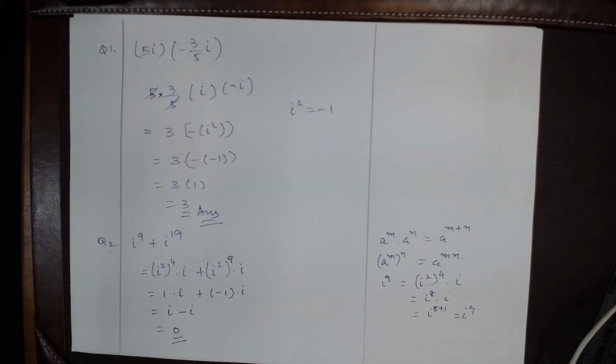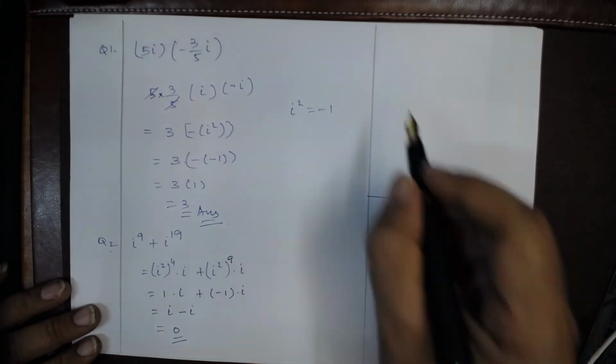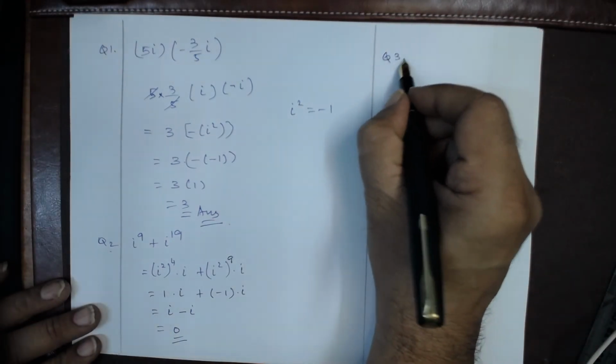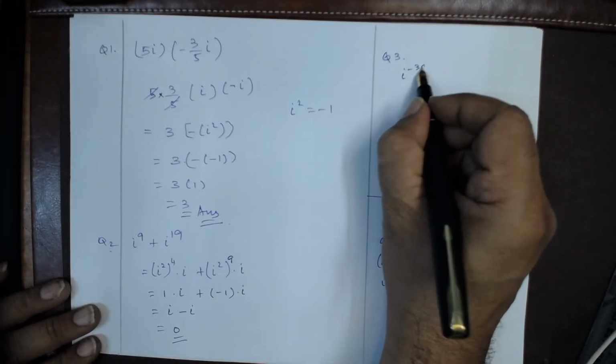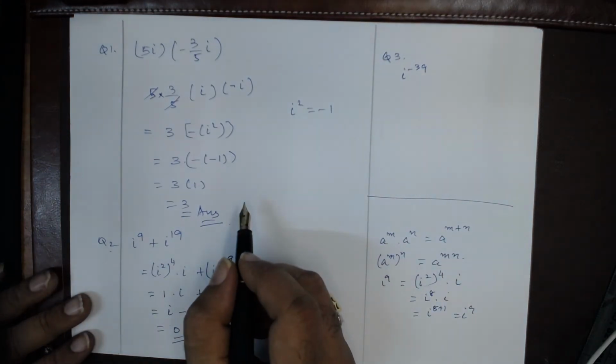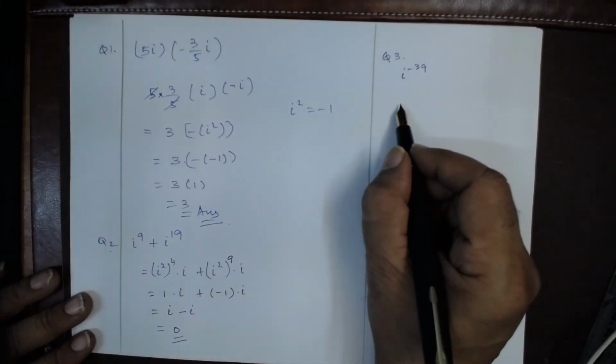Can you work out i to the power minus 39? Try. i to the power minus 39. You can take the reciprocal of this.